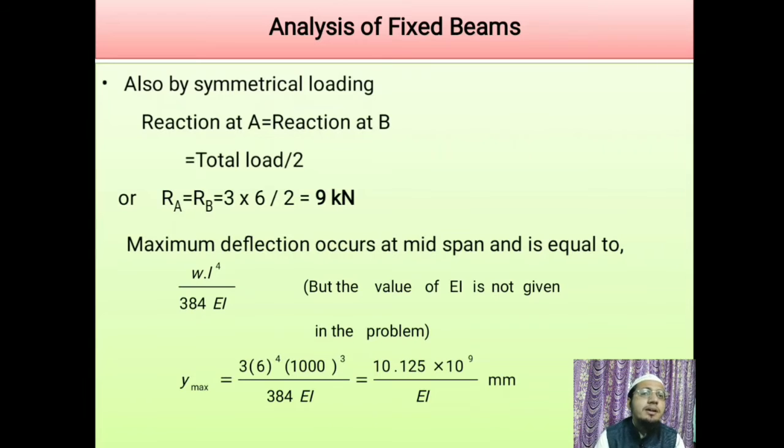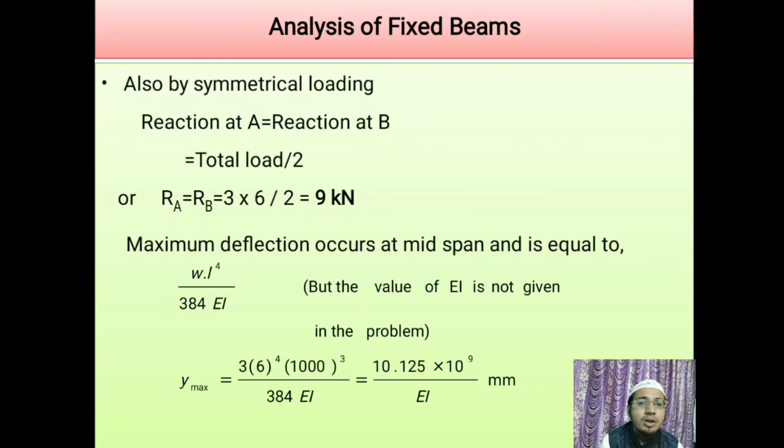Now in this numerical, EI is not given. So we will find Ymax in the form of EI only. So simply put the values. W is 3, span is 6. Generally we can take EI in the form of kilonewton mm square, so we will convert the span in mm, that is 6 into 10 raised to 3.